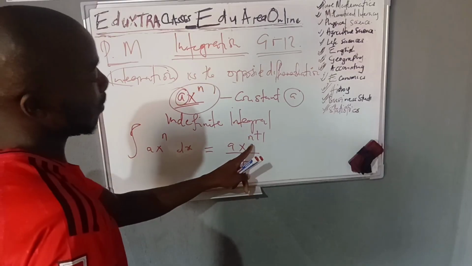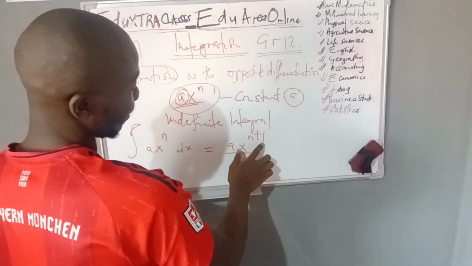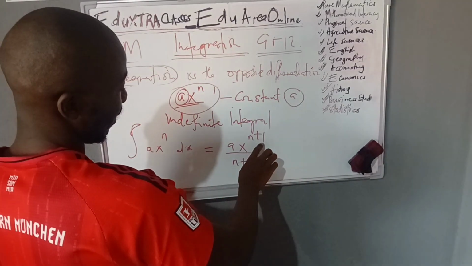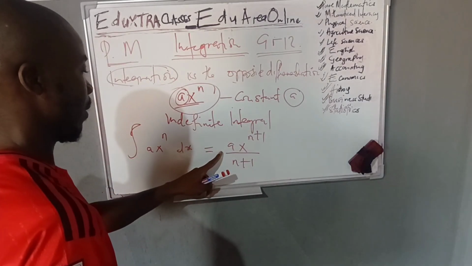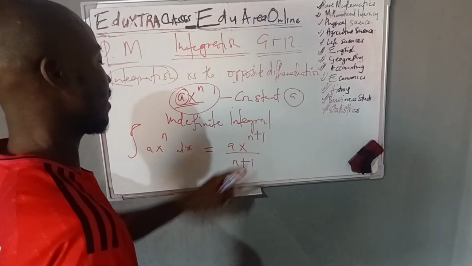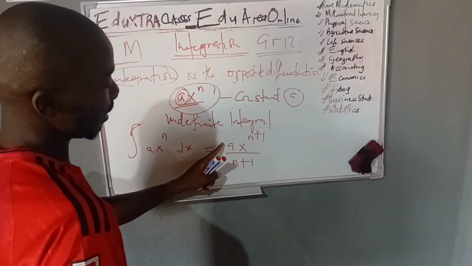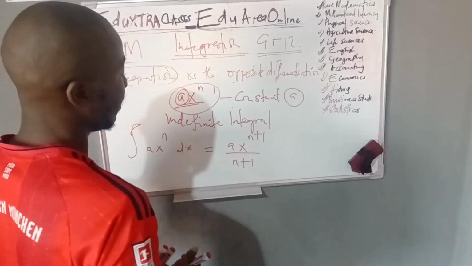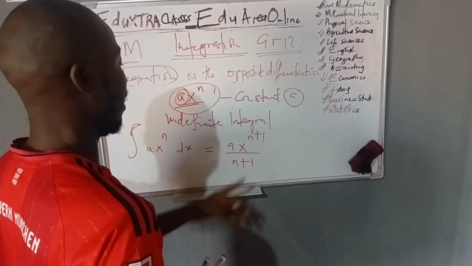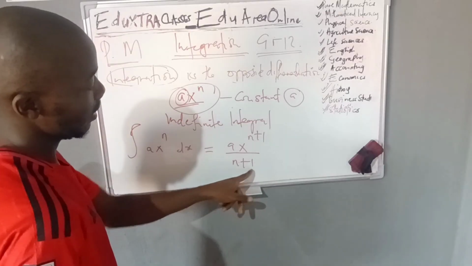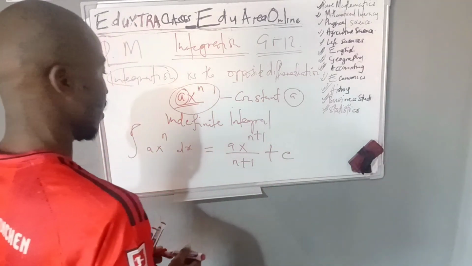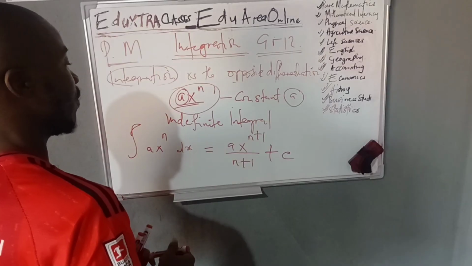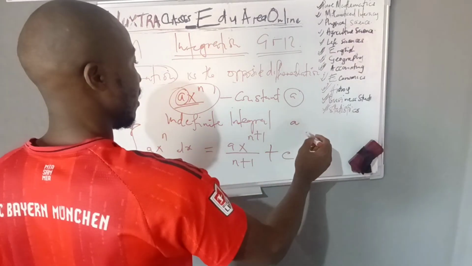Remember, from differentiation we would subtract 1 by multiplying the power with the base number. But in this integration now, we are adding 1 to the power, and the resultant we divide by the resultant, plus a constant c.